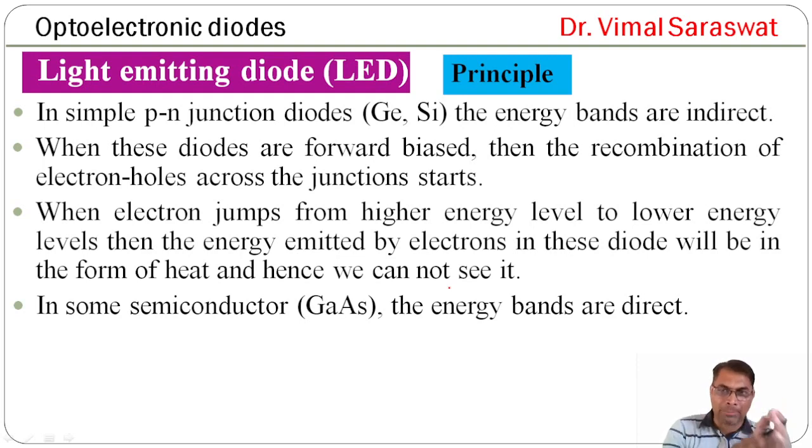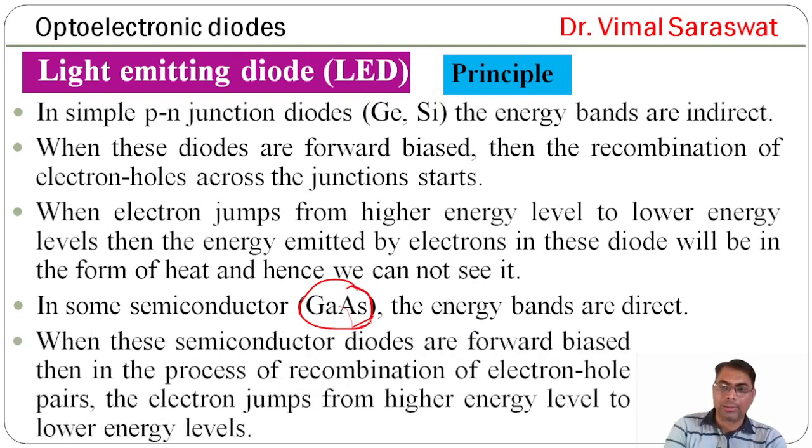But in some special types of semiconductor, the energy bands are direct. These semiconductors are gallium arsenide. When these semiconductor diodes are forward biased, what will happen?